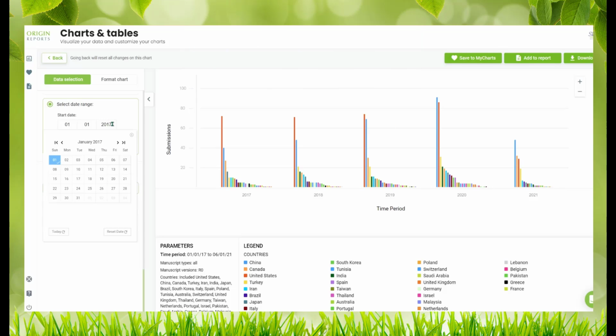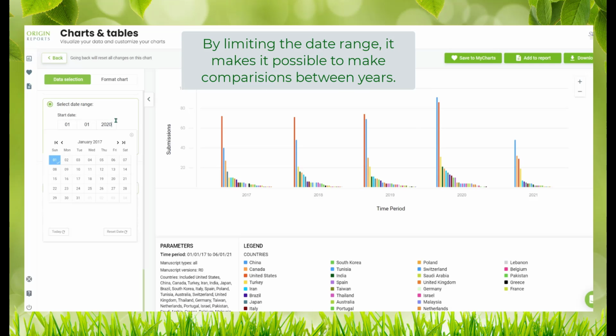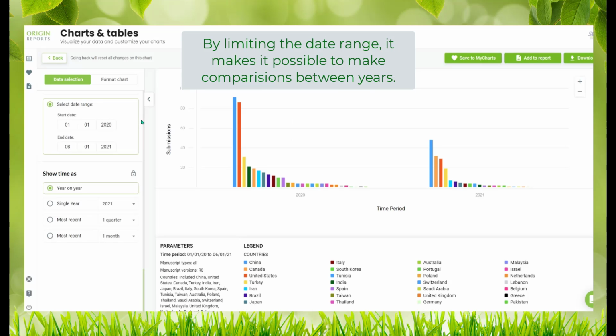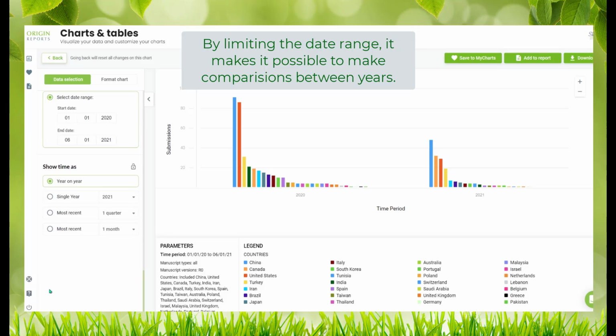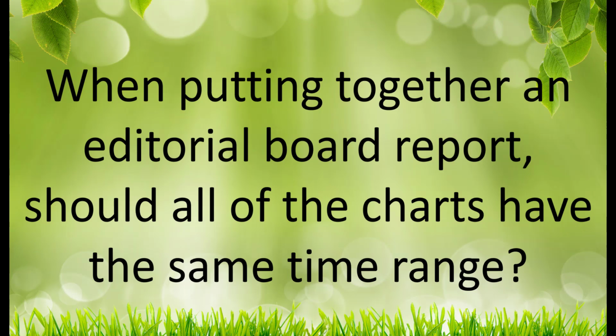So usually if we're doing something like submissions by country, we're looking to show maybe 1 to 2 years of data on that chart. Submission by manuscript types, you can get a little bit wider date range on that, maybe 2 to 3 years, depending on the number of manuscript types your journal has.